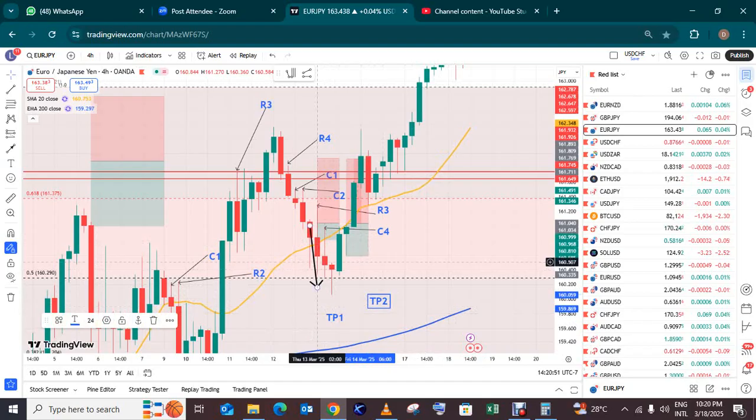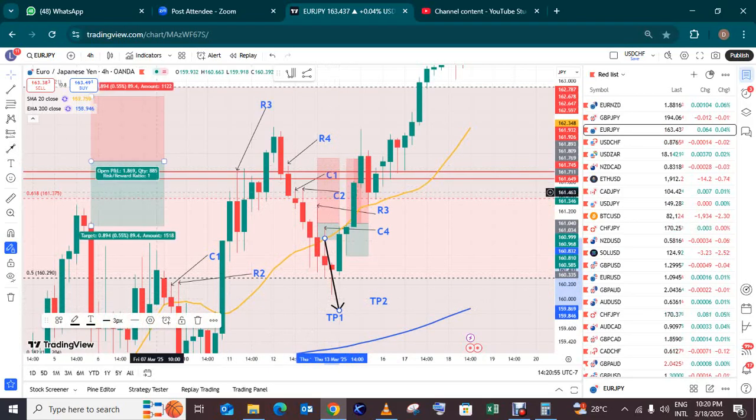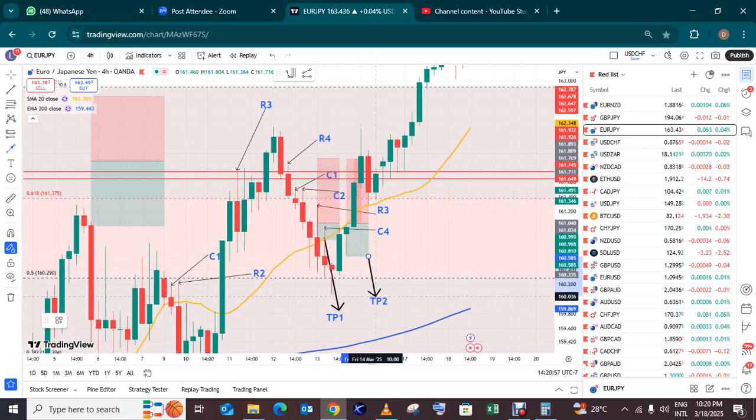So our TP1 is this one, while our TP2 is this one. Now we've understood how we got our TP, how we can recognize how to get our TP1 and our TP2. I showed you how we got it.